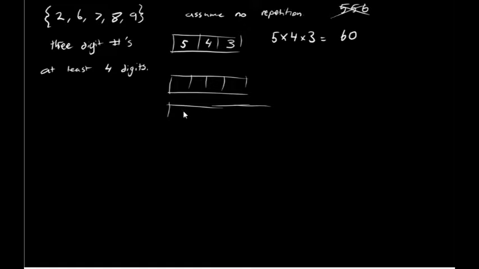There's also the possibility of 5 digits, and then we can only have 5. So for 4 digits, I've got 1, 2, 3, 4, 5 times 4 times 3 times 2. And for this one, 5, 4, 3, 2, and 1.